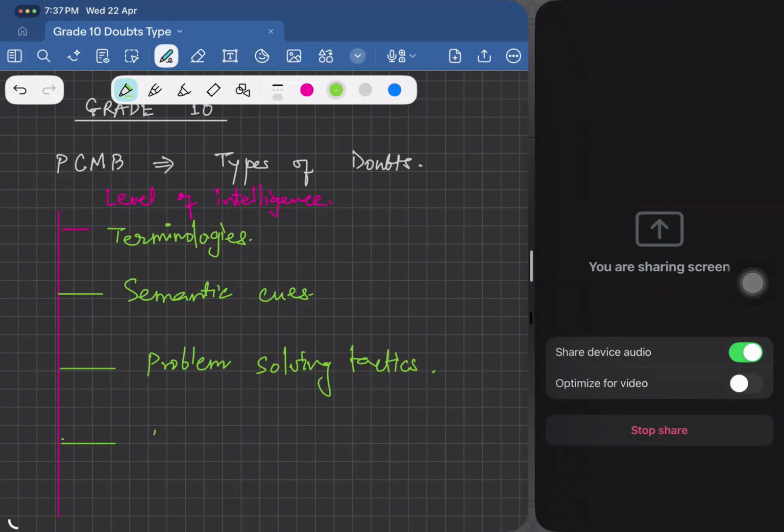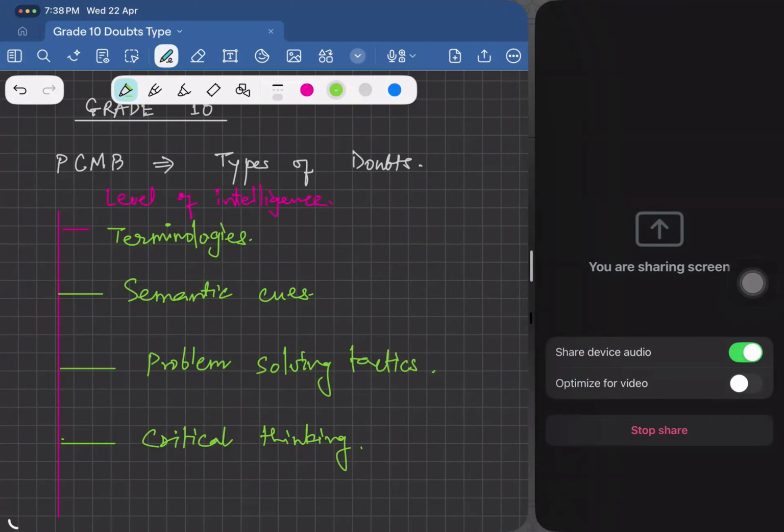Then there is critical thinking. Since I have taken the example of Zoom, if I want to put different students in different rooms, then I'll be reading the manual, thinking about how to go about it, and applying my intelligence in understanding how to categorize the students.